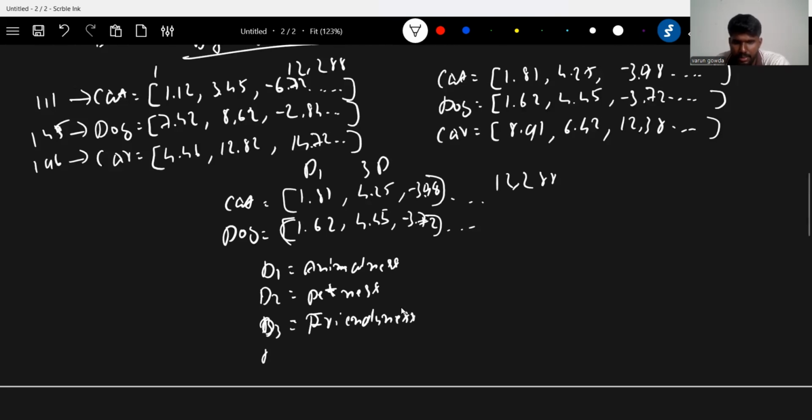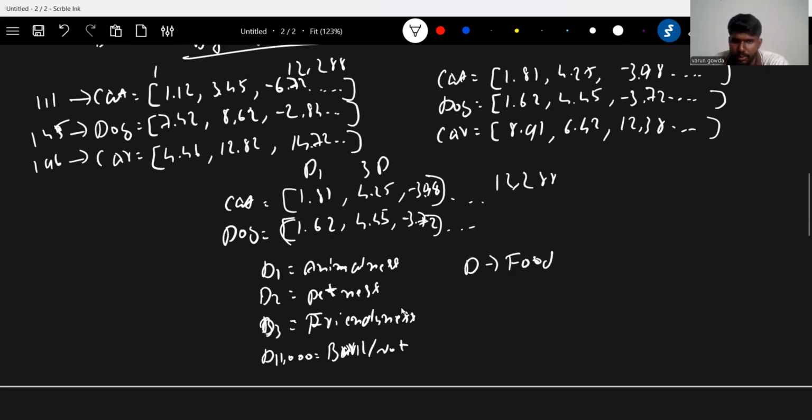And for the remaining dimensions, we have 12,288 dimensions, right? Out of this, let's say the 11,000th dimension might be representing whether this animal will bark or not. Some other dimension might be representing what food it eats.